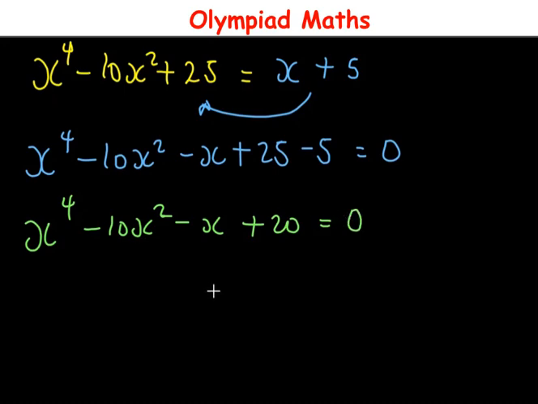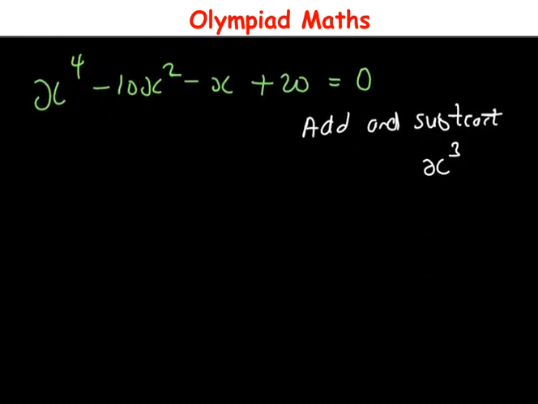At this junction, we are going to add and subtract x raised to power 3 in this equation. So this becomes x raised to power 4, then add x raised to power 3 and also subtract x raised to power 3.